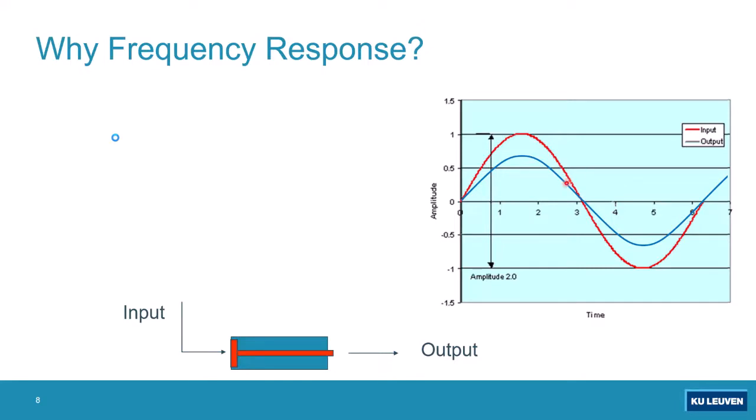So for instance, just for an illustration, I have a system with a particular transfer function, and let's say to this system I give a certain harmonic input, illustrated as the red function here.